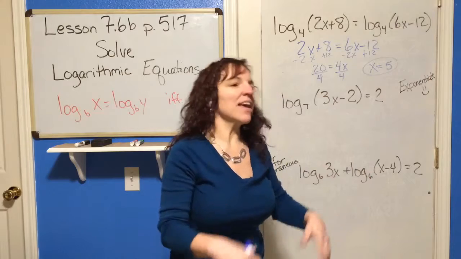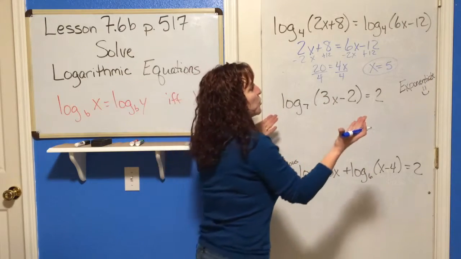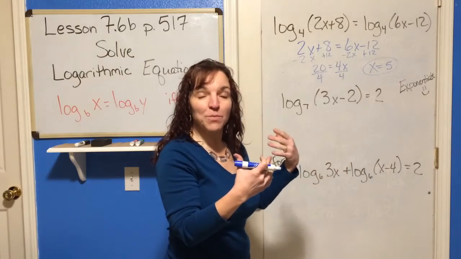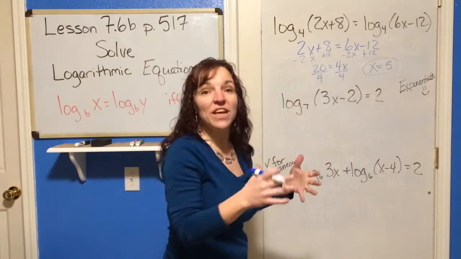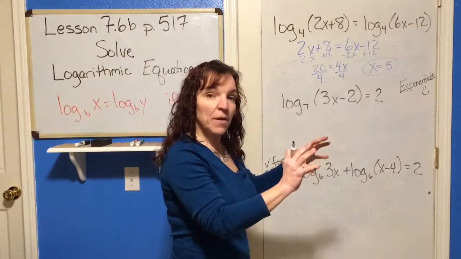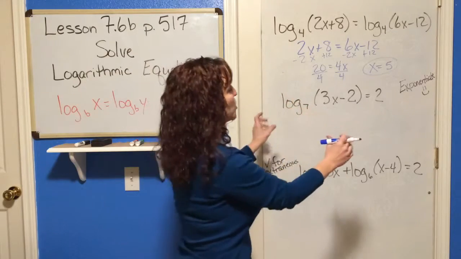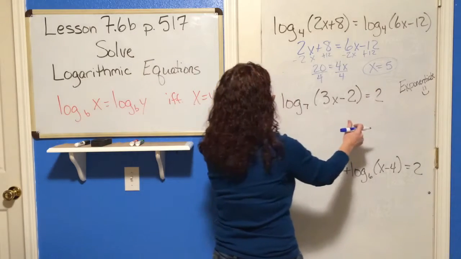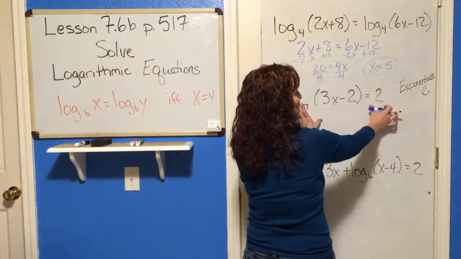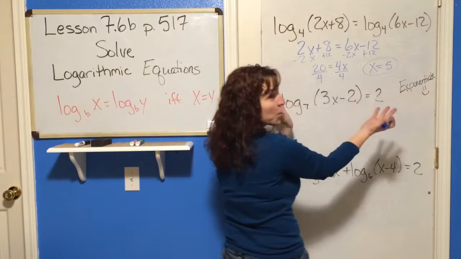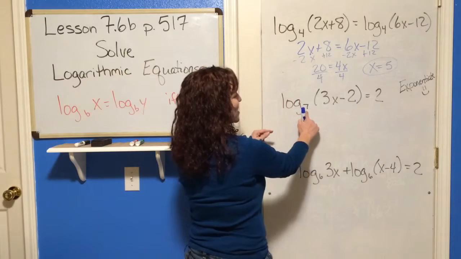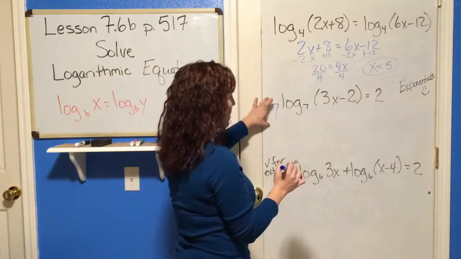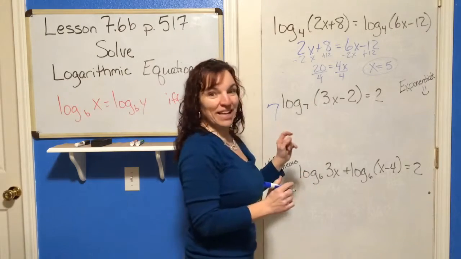So pick a base and make what you've got the equation, because remember we learned in the first part of this section that if the bases are the same, then the exponents must be the same. So because this is log of base 7, we want to exponentiate by 7.